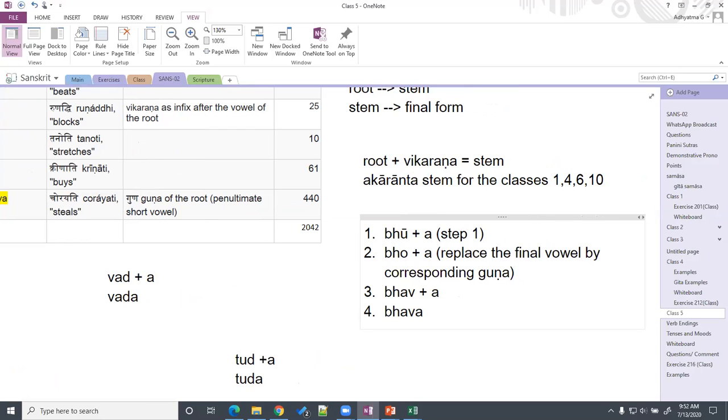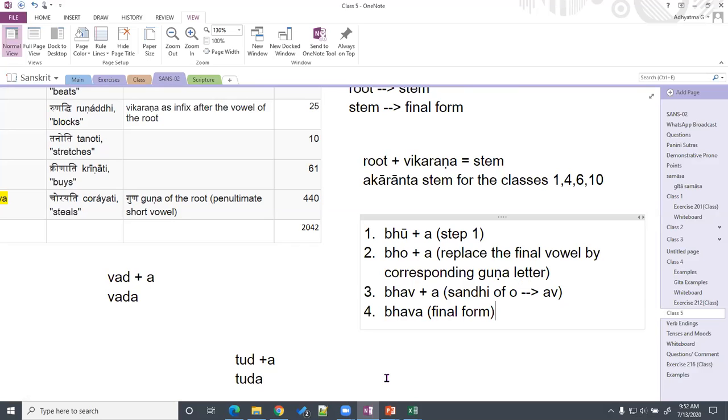There is no Sandhi here. It says replace the final vowel by the corresponding Guna letter, so the final vowel U, you replace it by O. That is the corresponding Guna letter. This is the Sandhi of O changing into Av. And this is the final form. I hope this is clear to you now.